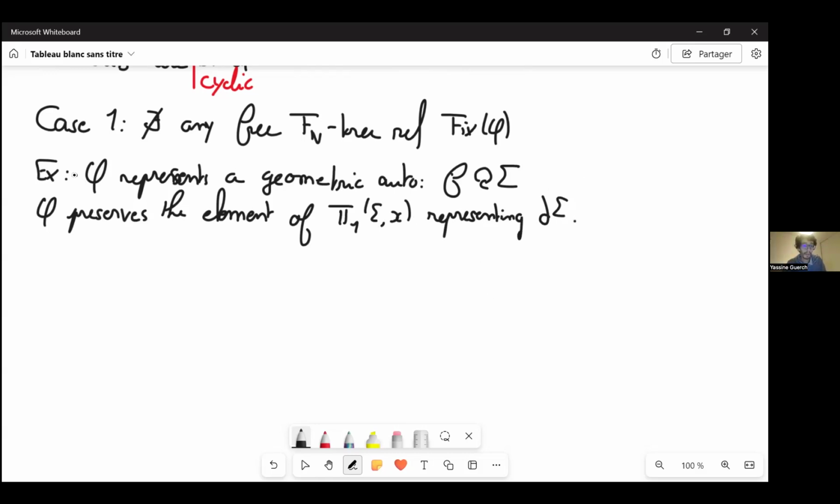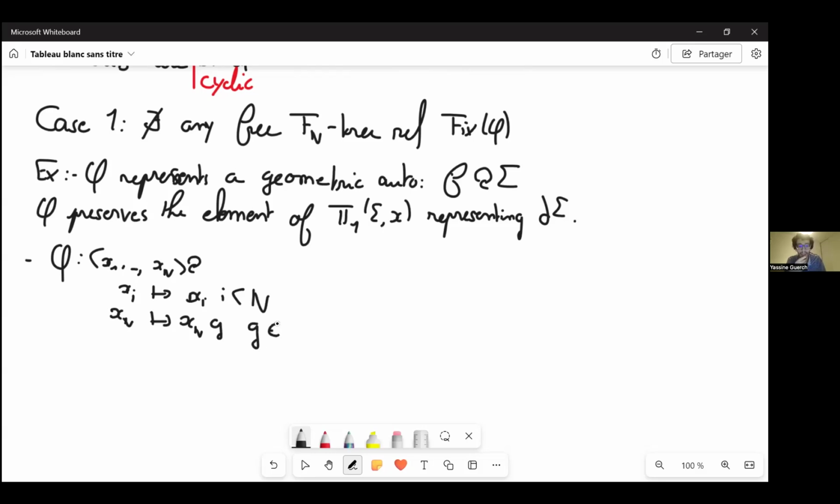Another example comes from the twist automorphism that I explained above. So I recall it is an automorphism which sends each xi to itself if i is strictly less than n, and it sends xn to xn g, where g is contained in the group generated by x1 up to xn minus 1.